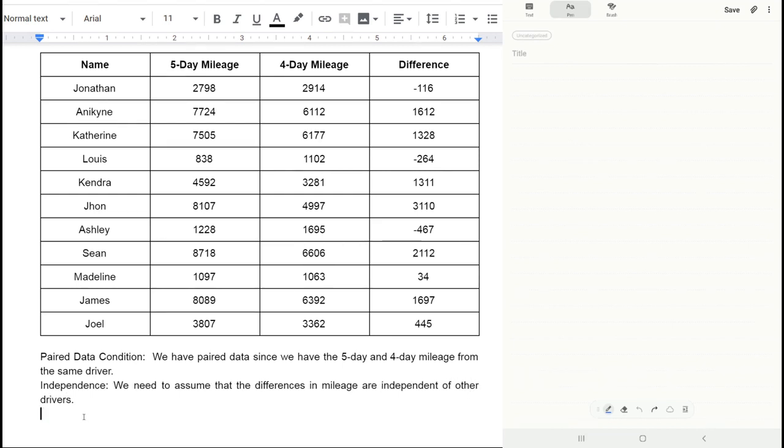To check for independence, we're going to look for randomization. We're not given that these samples were random, and so we need to assume that the sample is representative of the population.